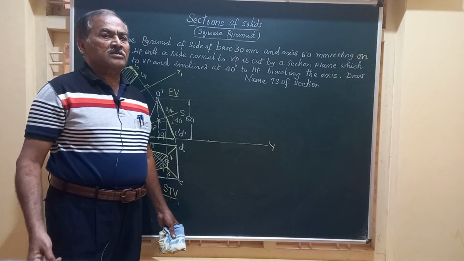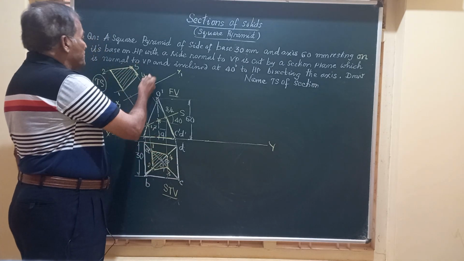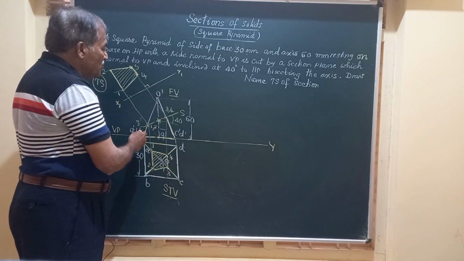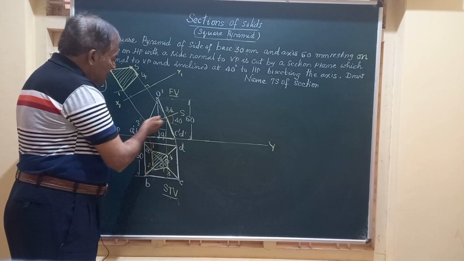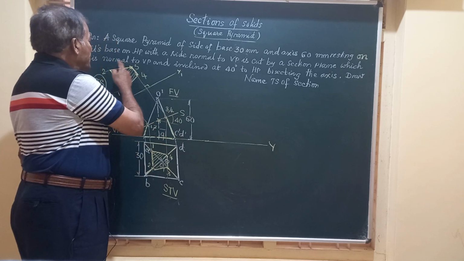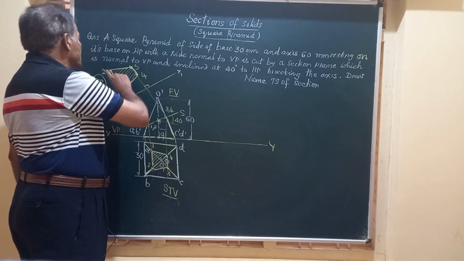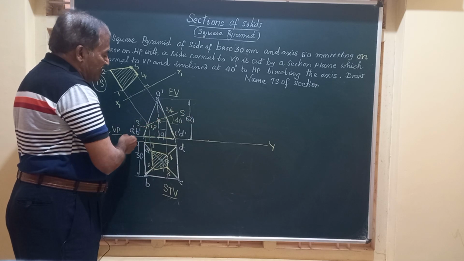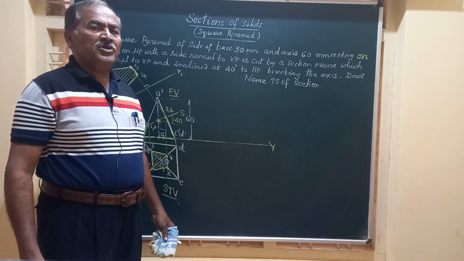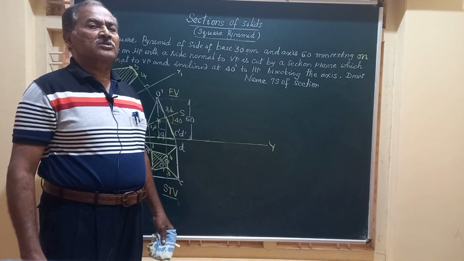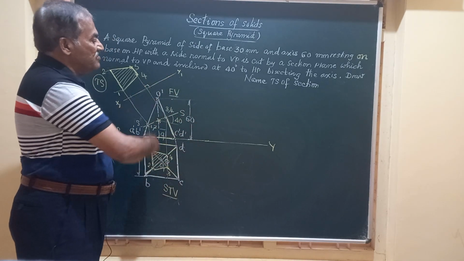In some of the questions, they give you the true shape of the section and ask you to find out at what angle the section plane has to cut the solid so as to obtain the true shape of the given size. So they will give you some dimension, maybe 20 by 10. What should be the section plane and at what angle it has to be cut. In some more videos, I am going to tell you how to work out such problems also. Friends, this will give you the complete solution for the given question.